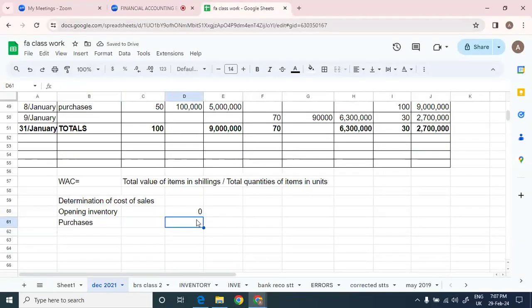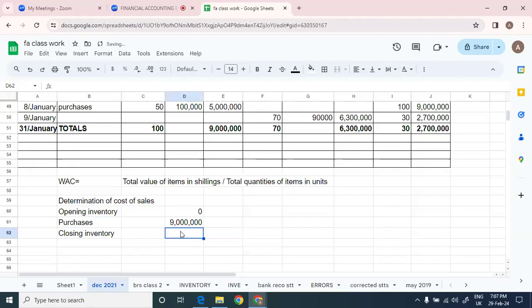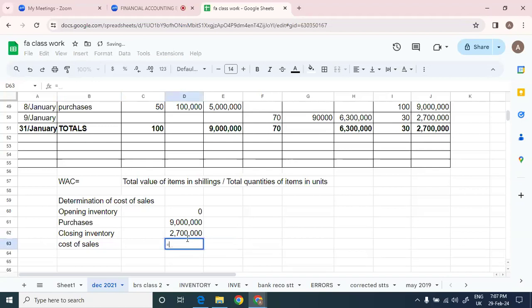Less our closing inventory of how much? 2,700. Therefore, my cost of sales is how much?